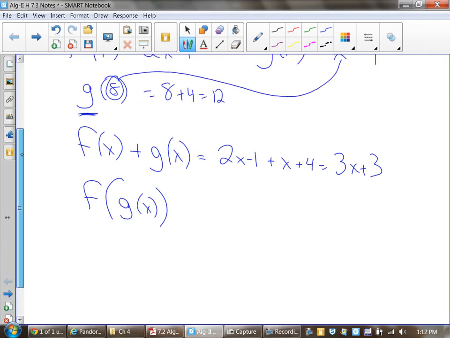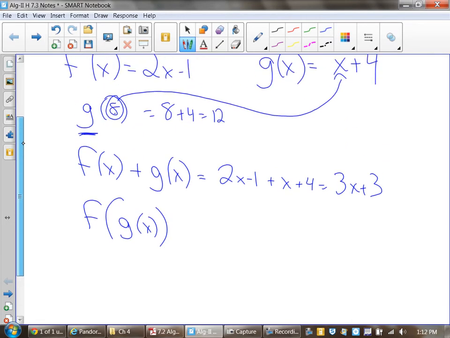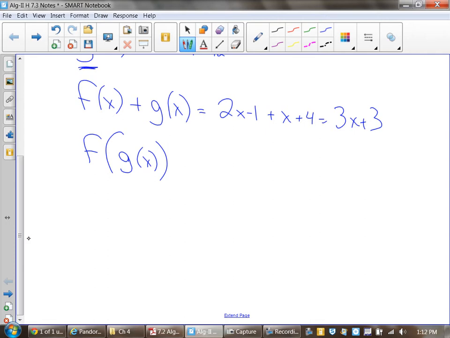Remember, your f of x is 2x minus 1, and your g of x was x plus 4. Your first letter here says use the f equation, and everywhere in the f equation, I'm going to put whatever is in this parentheses.